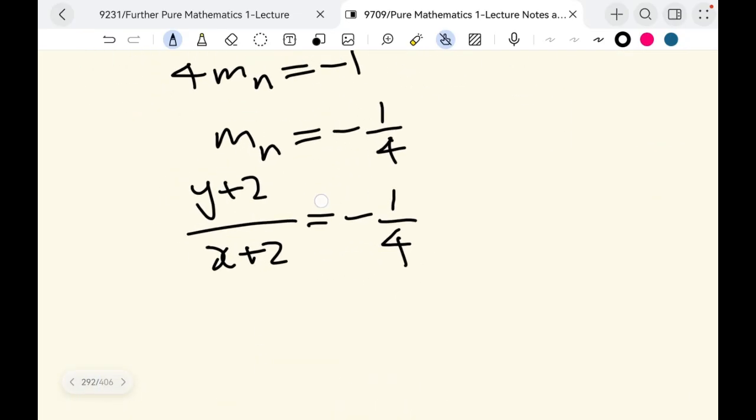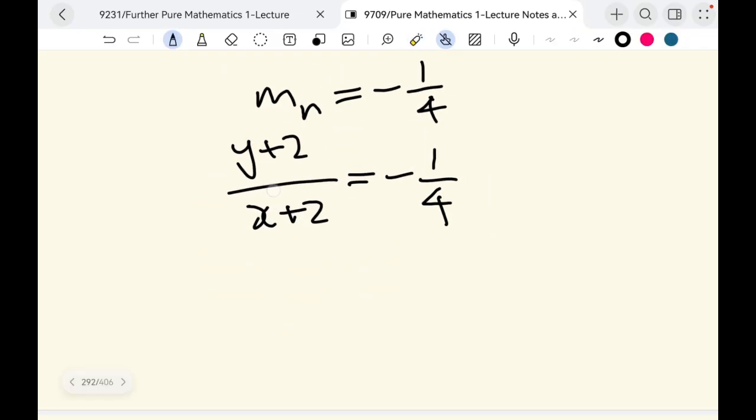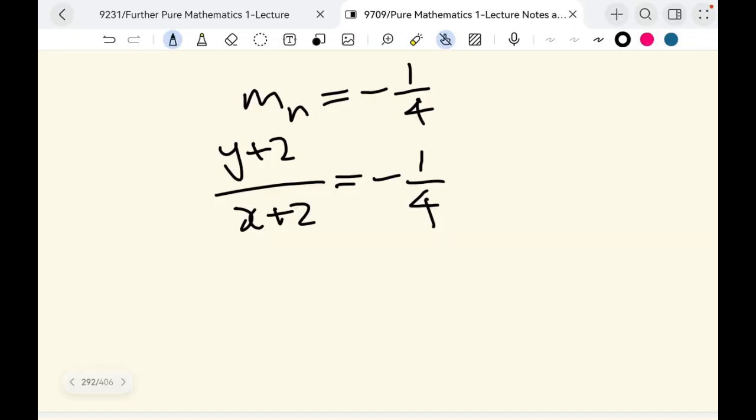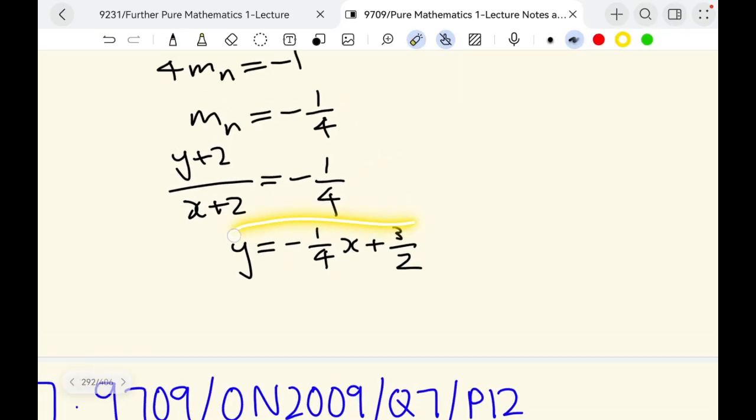Then now until this line, you are managing to get the equation of the normal, which you get y equals negative 1 over 4 x plus 3 over 2.